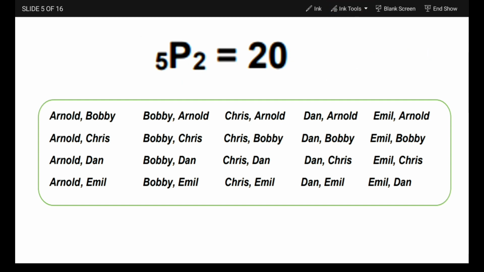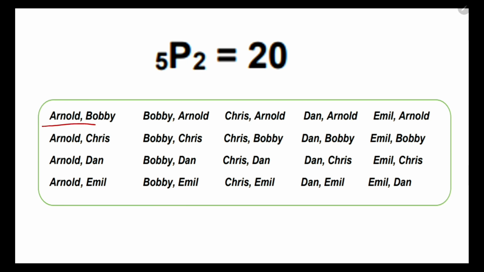Okay, now what have you noticed about the selection? Okay, very good. Arnold and Bobby. Ito, si Arnold tsaka si Bobby is the same with Bobby and Arnold. They are the same persons. Arnold and Bobby and Arnold, parehong tao lang sila.